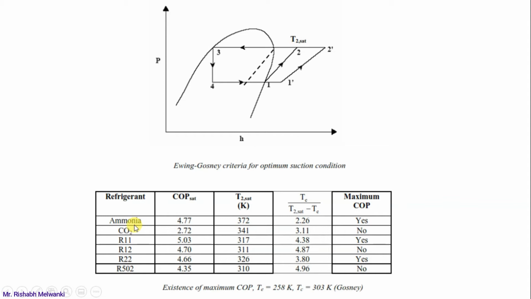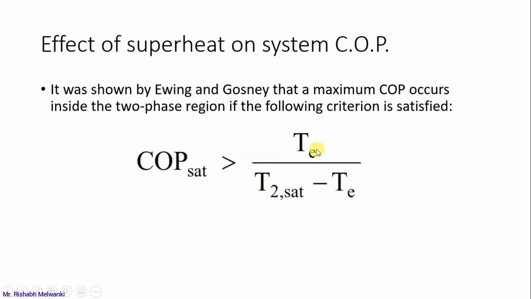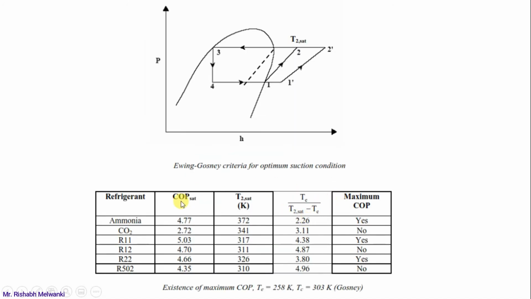So here we have a number of refrigerants: ammonia, CO2, R11, R12, R22, R502. Here the same things are written: COP SAT, TE, T2E. The equation of COP SAT is this one. So for ammonia, what is the COP SAT?